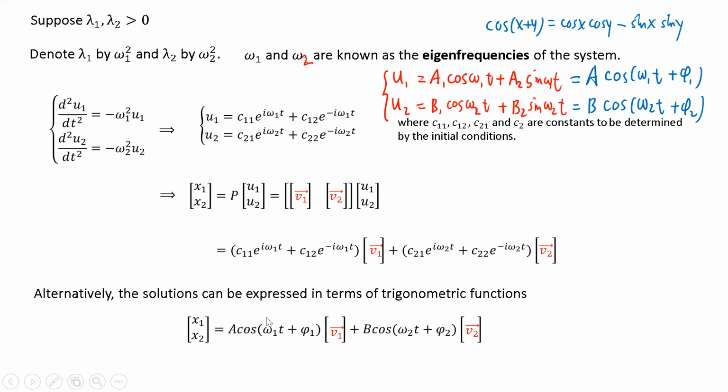The first oscillating sine cosine function has frequency omega1, and the second oscillating function has another frequency, which is omega2. So x1 is equal to some constant times the oscillation with omega1, plus another constant times the oscillation with omega2. It is a superposition of two oscillations with different frequencies.